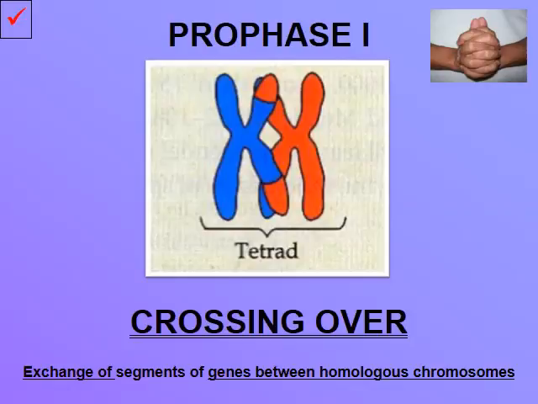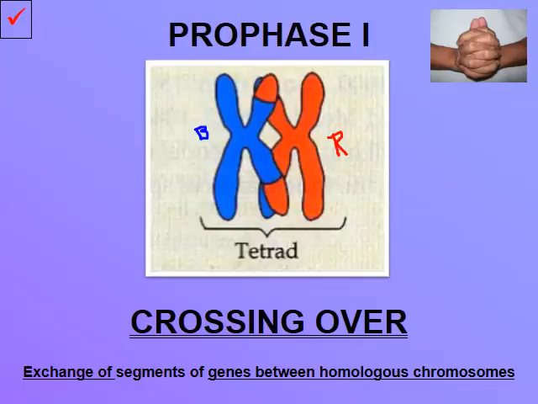So crossing over is an exchange of segments between genes between homologous chromosomes. So let's say this is for hair color, all right? Let's say blue is for, you know what, let's just get ridiculous. Let's say that's for blue hair. Why not? And let's say this X over here is for red hair. So what we have primarily is, since they're both genes for hair color, they can actually swap parts of themselves over.